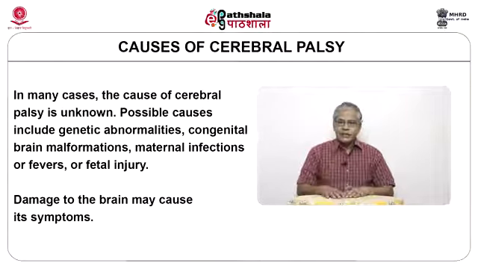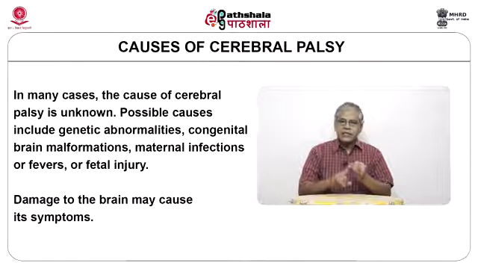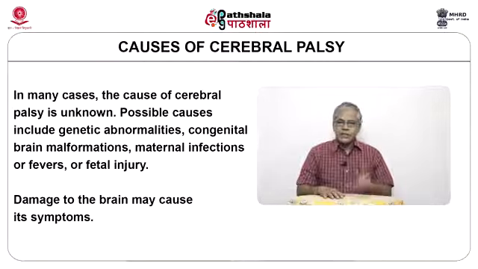In many cases, the cause of cerebral palsy is unknown. Possible causes include genetic abnormalities, congenital brain malformations, maternal infections or fevers, or fetal injury. Damage to the brain may cause its symptoms.